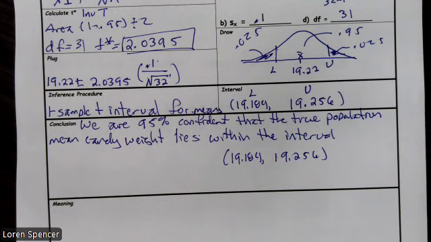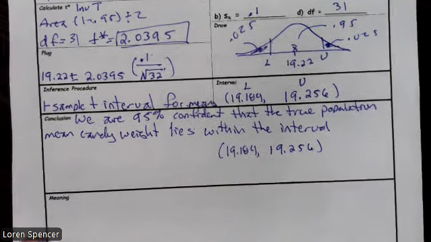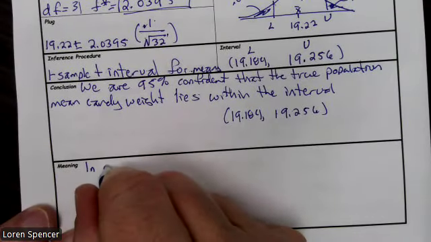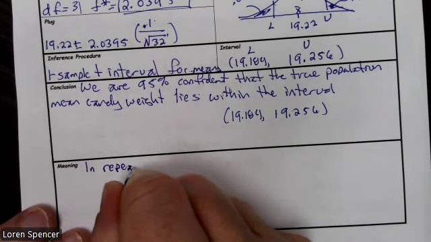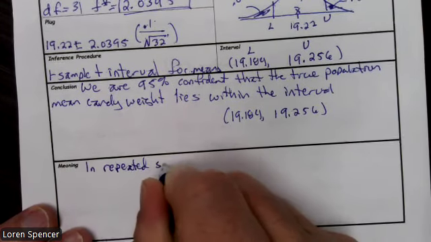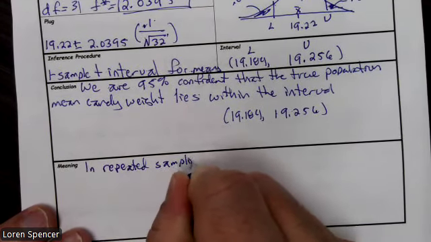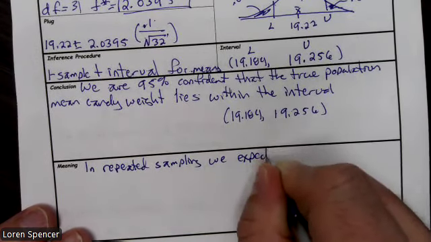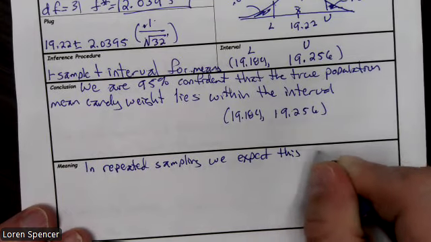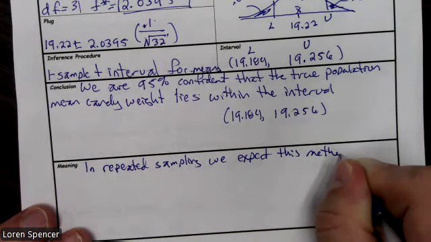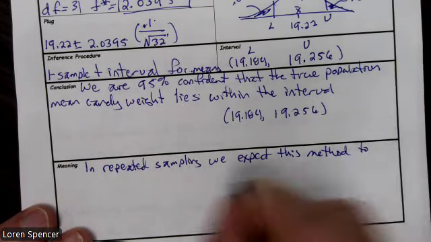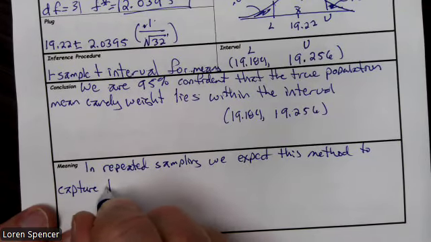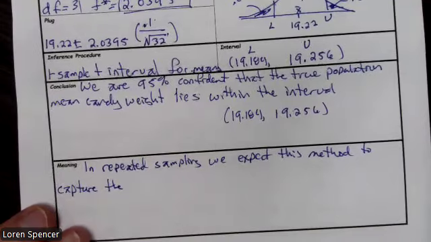We did not have to do the conditions on this one because we did that on a prior work. The meaning: in repeated sampling, we expect this method to capture, in other words, how good is it?